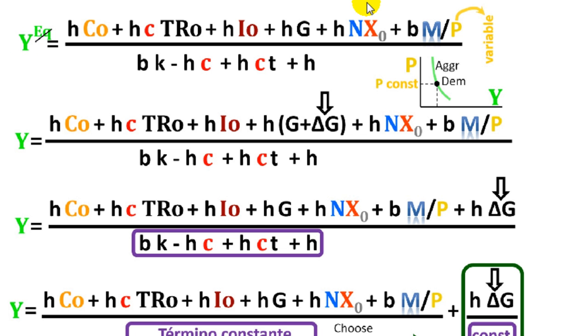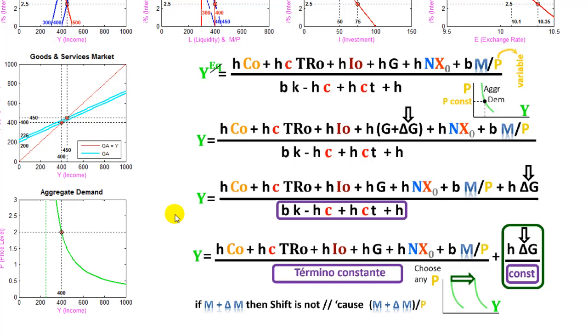So when P is constant, then you get only one value for income, but if P now is free, then it moves along the vertical axis, so income will be variable along the horizontal axis. So you just use exactly the same expression as before, but with P variable and with income variable, and then you get this curve, which is this curve.